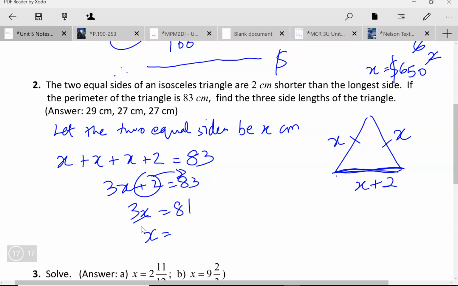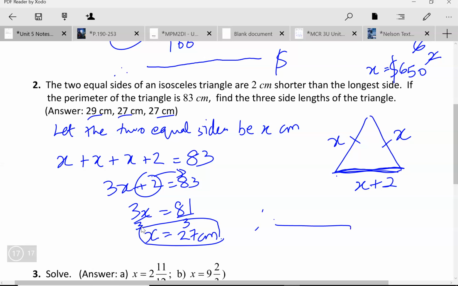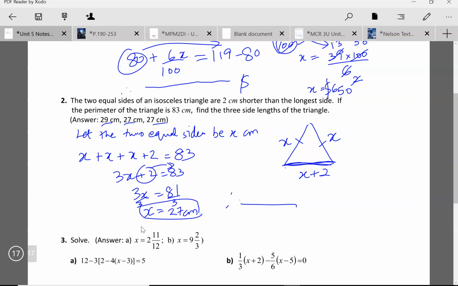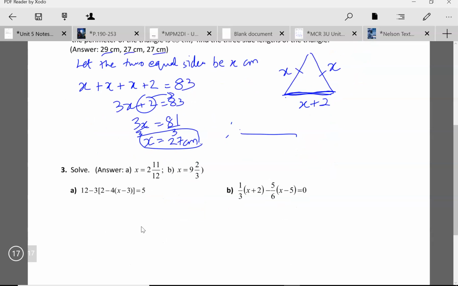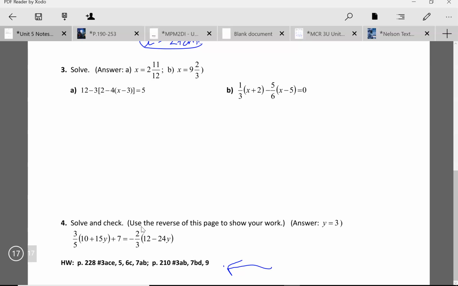X equals 81 divided by 3, which is 27 centimeters. And so if we have X equals 27 centimeters, the 3 side lengths are 27, 27, and 29, because that's 27 plus 2. Remember, therefore statement, but those are the answers. And again, hopefully it's easy to see how we did those things.